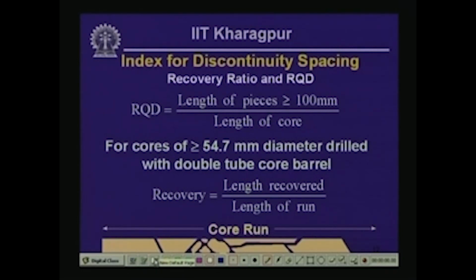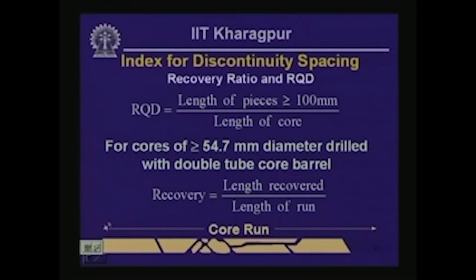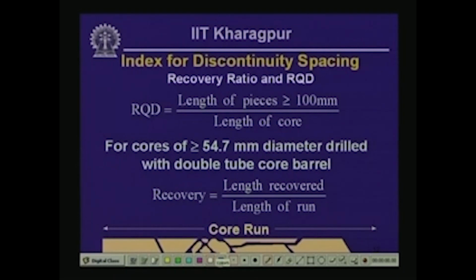So, here let us say this particular core piece is more than 100 millimeter long. Then let us say this particular piece of core sample is also more than 100 millimeter long. Then there is another long core piece that is this much out here, and we have got another one which is out here. So, what is going to be the RQD in this case?